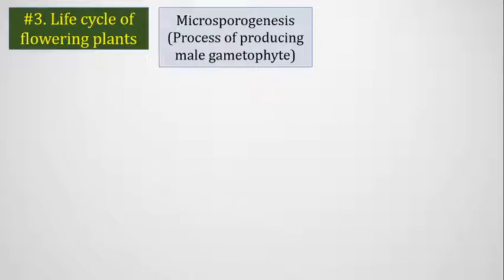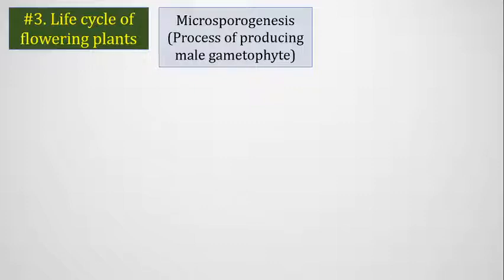And we know that genesis means the way that something is produced. Also we say megasporogenesis, that means the process of forming the megaspore, that means the female gamete production process. As the female gamete is larger in size, it is called a megaspore.